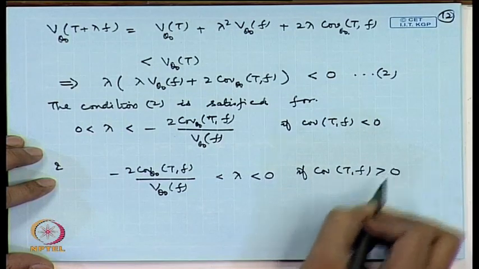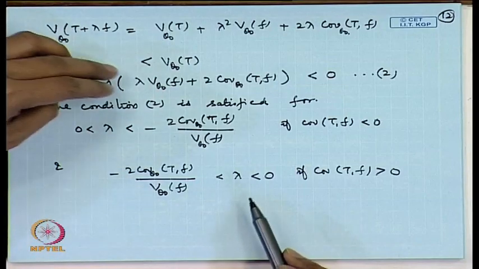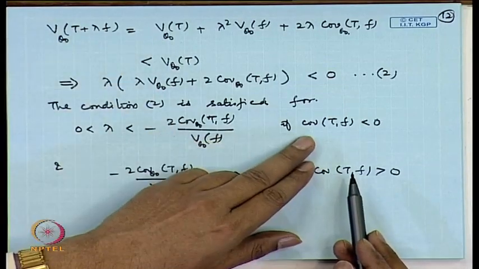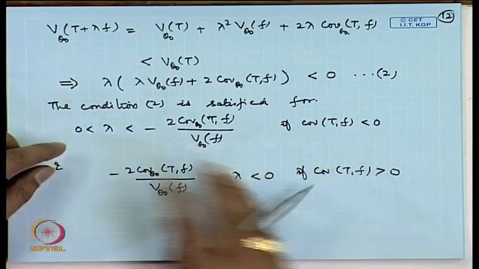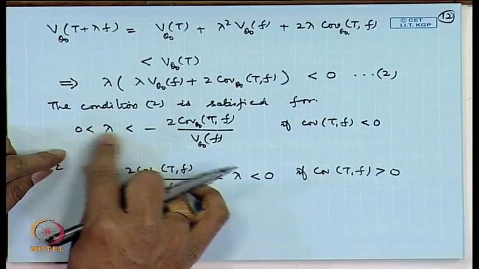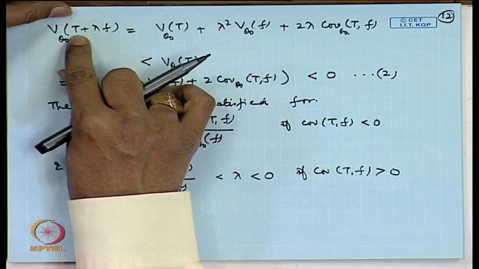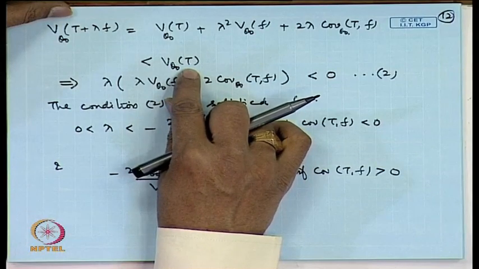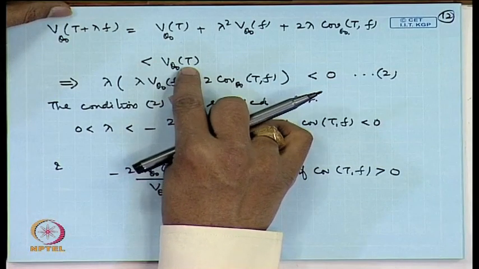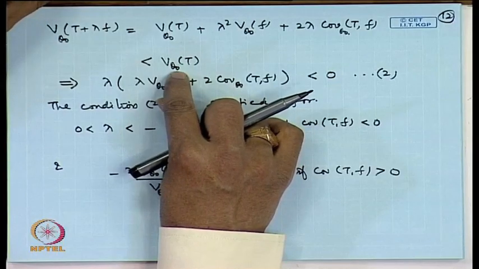That means, whatever be the value of covariance between T and f, whether it is positive or negative, I am able to obtain a range of lambda values such that the variance of T plus lambda f is less than variance of T. This is a contradiction to the fact that I assumed that variance of T is minimum at theta naught. So, where is the mistake?